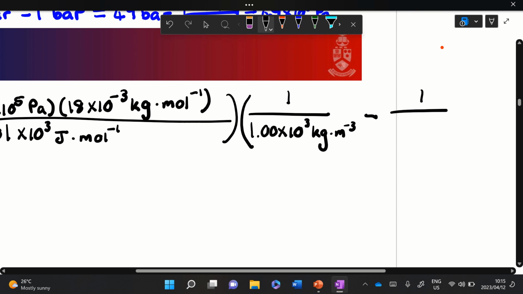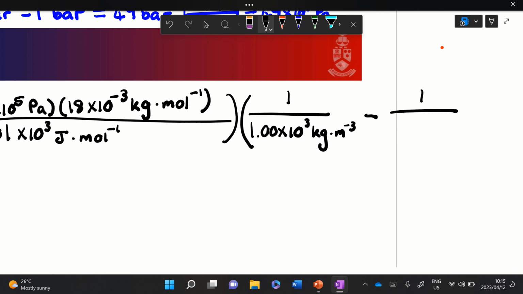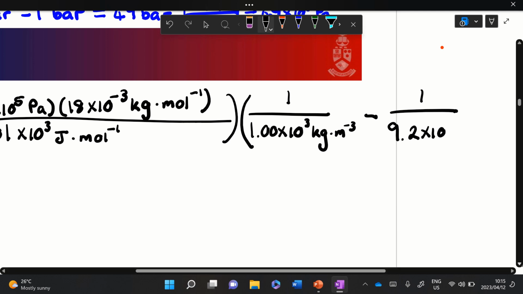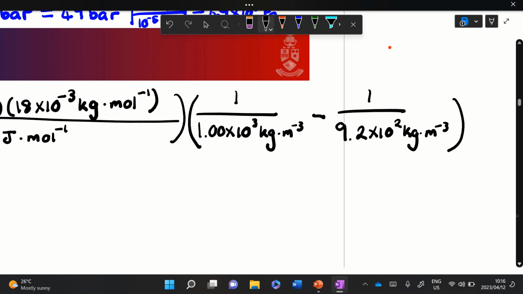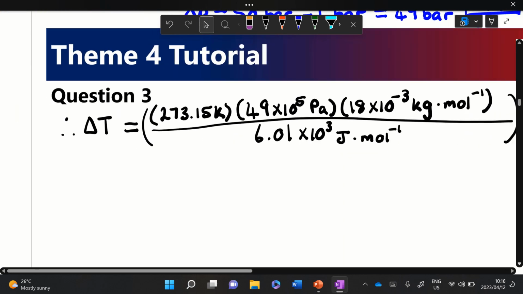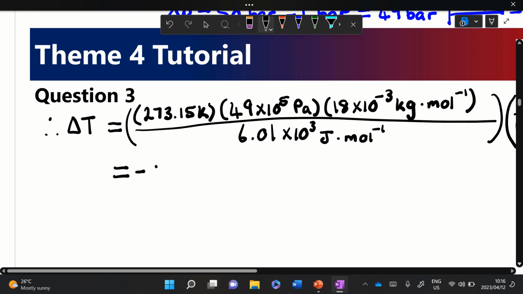Anyway, then over the solid, it's the same idea, 9.2 times 10 to the power 2, because it would be 0.92 times 10 to the power 3, but 9.2 times 10 to the power 2 kilogram per cubic meter. And this then gives us a value of minus 0.35 Kelvin.